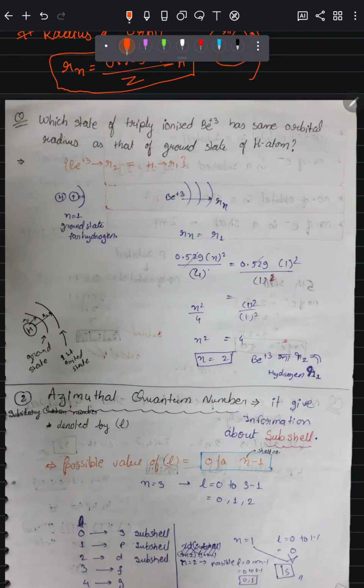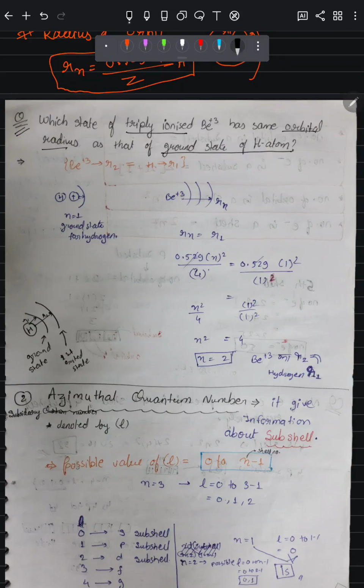So let's discuss a question. In this question, which state of triply ionized Be3+ has the same orbital radius as that of the ground state of the hydrogen atom? This question is asking about the ground state of the hydrogen atom, and which state of Be3+ has the same value of radius.